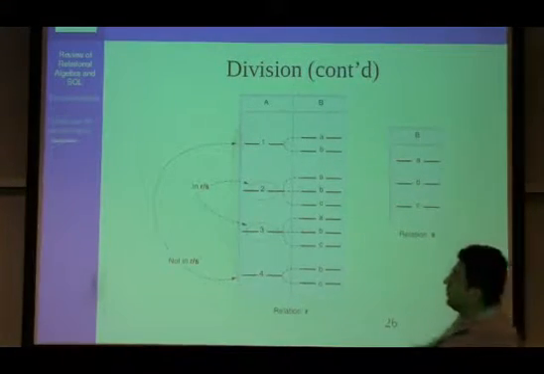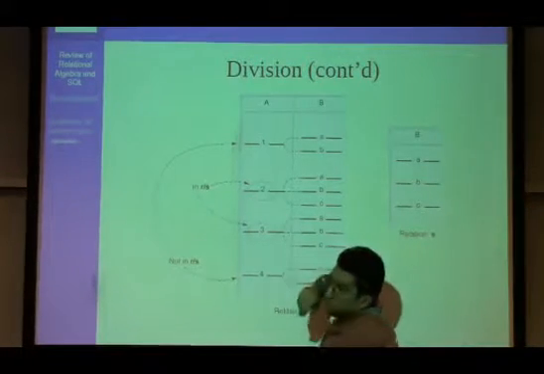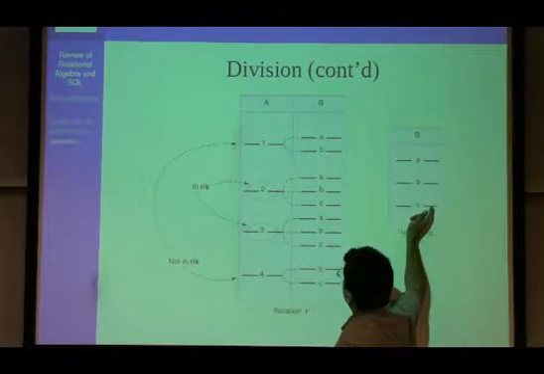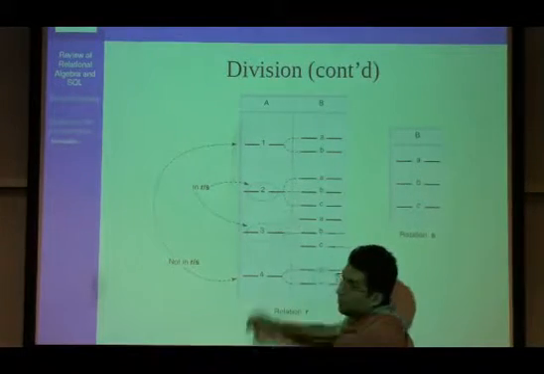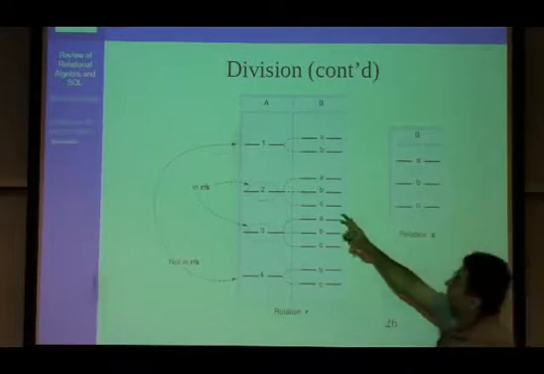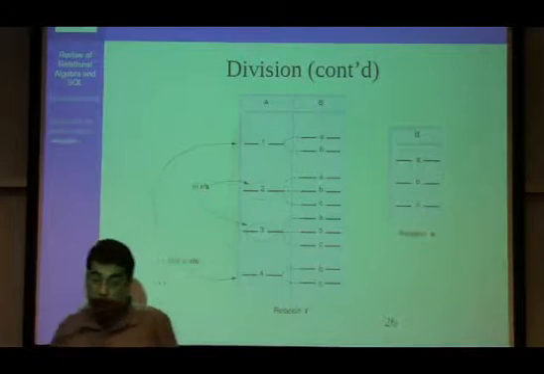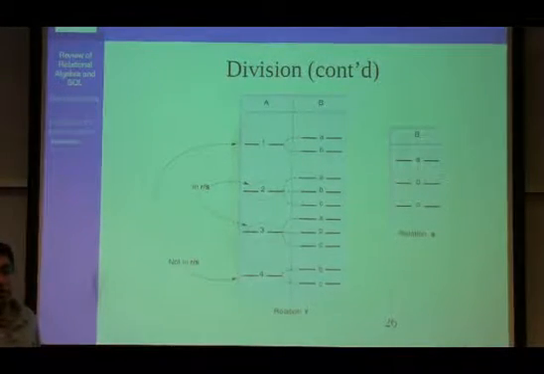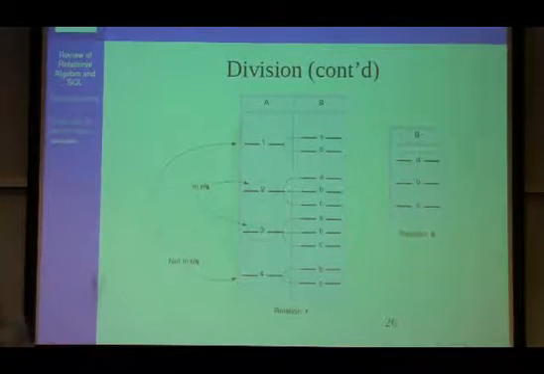For example, here 2 should be included because it has A, B, and C. But 1 cannot be included. Why? There is no C in relation R for attribute A value 1. Is that clear or not? Yes. Okay.